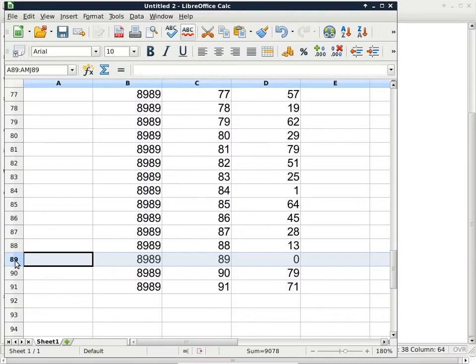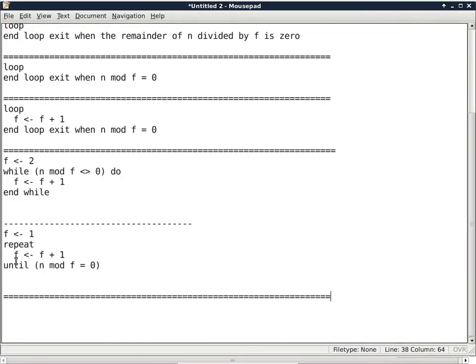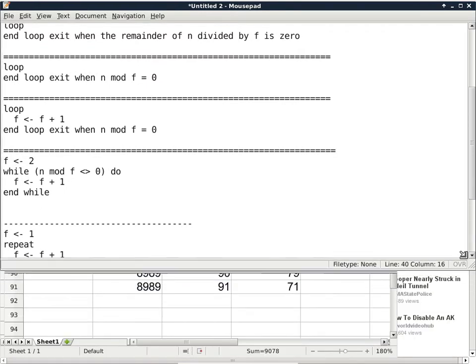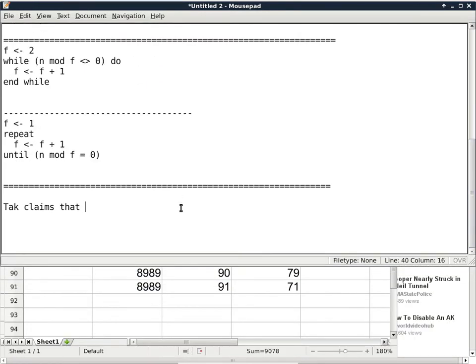Okay, let me just spell it out in a different way and see if this is better. Okay, so Tag claims. You guys are getting used to this now, right? I mean, Tag claims a lot of things, but then he will say, but don't take my words for it, always question, prove it, right? I mean, I don't believe you, prove it.